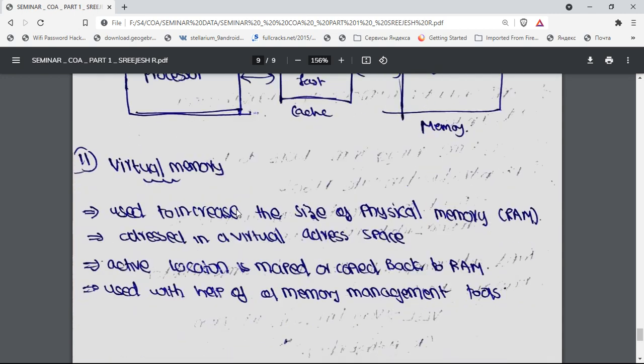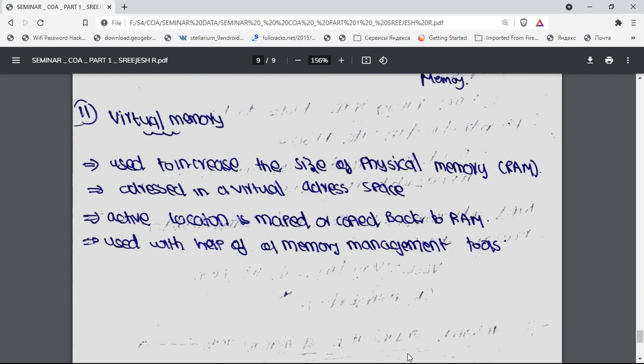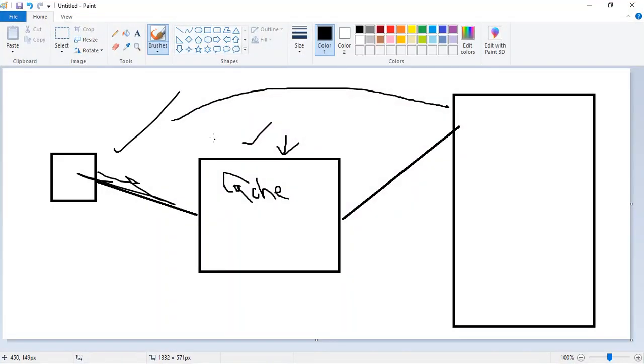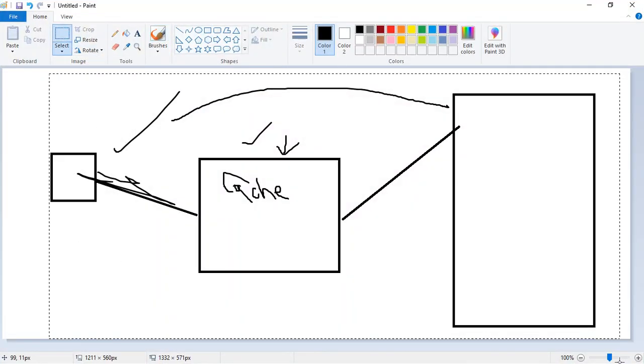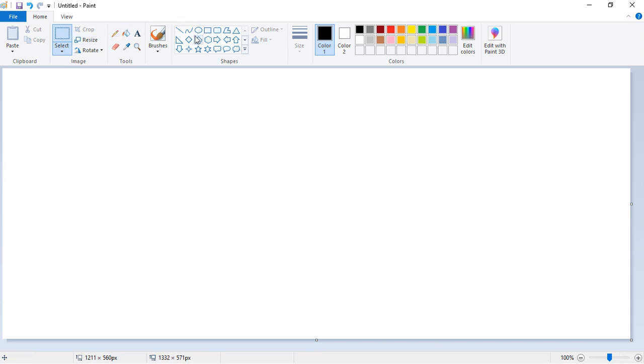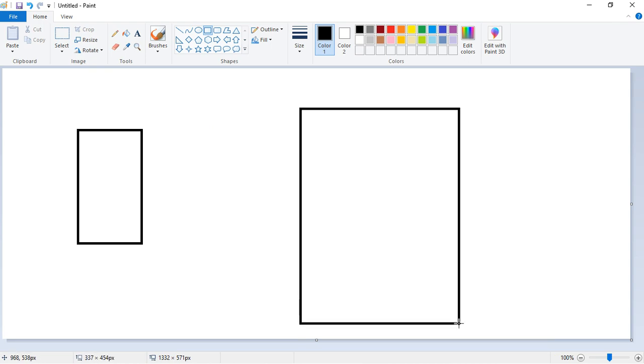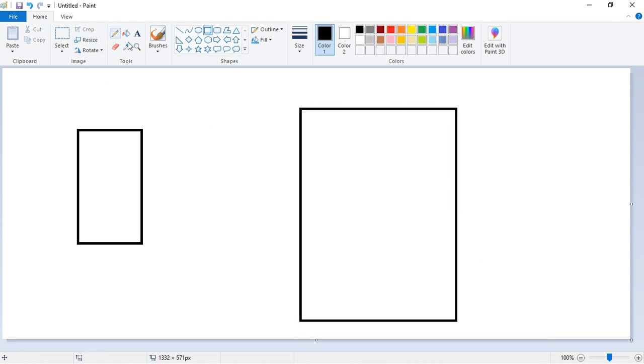The virtual memory is a type of memory that can increase the effective physical memory, the RAM, but it doesn't mean we are going to add some chip or something like that. With virtual memory, we allocate part of our secondary memory to act as RAM itself. Let this be the primary memory, our RAM, and there is a secondary memory. Sometimes the primary memory is not enough to hold some data.